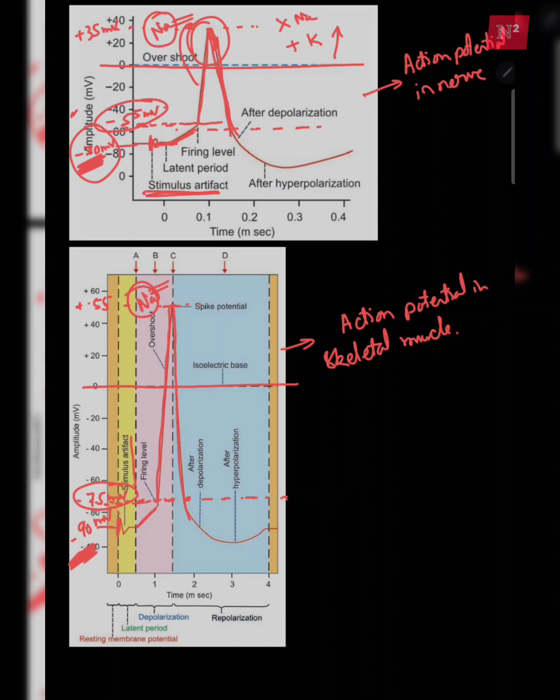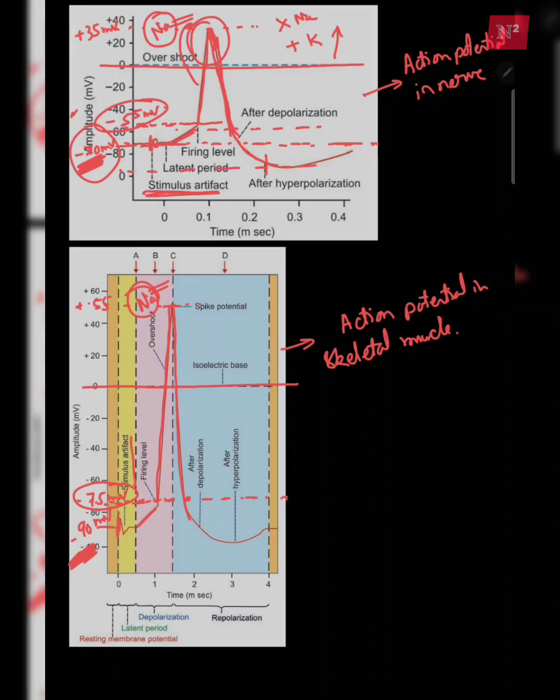So because of that, when it reaches the level of the resting membrane potential, that is minus 70 in the nerve, it crosses it until it reaches a point at which the potassium ion channel closes completely.